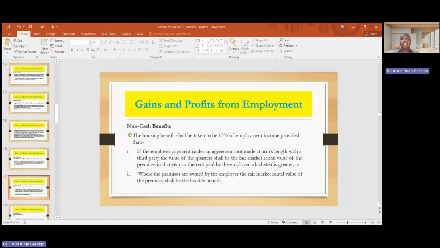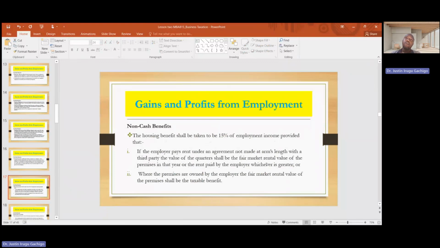So the taxman will look at the rent paid and the fair market value. If, for example, you are paying 50,000 for the rent, but the actual is 70,000, the taxable benefit will be 70,000 and not the actual amount which is being paid. So the taxman will look at the higher. Where the premises are owned by the employer, in this case the fair market value of the premises shall be the taxable benefit.